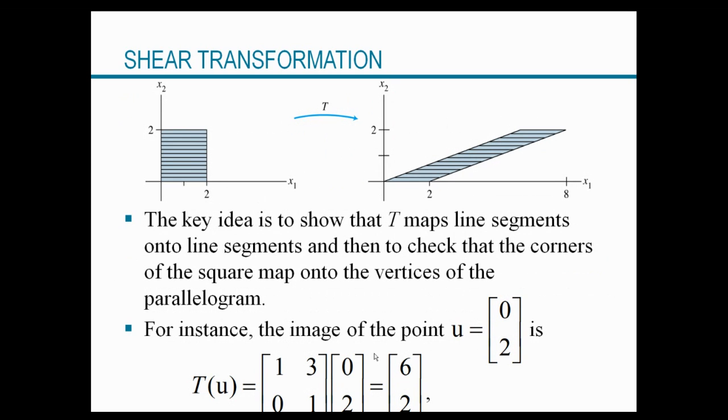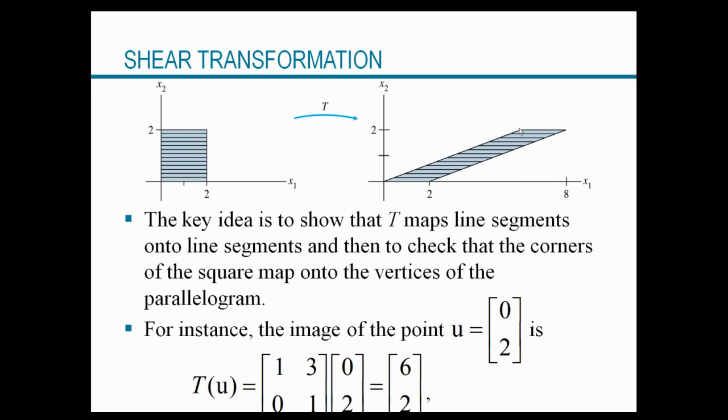And one thing they do is they say, okay, well, let's pick a point. Let's pick a point like 0, 2. Let's pick one of the corners. If we take 0, 2 and multiply it by 1, 3, 0, 1, you're going to get the coordinate 6, 2. And 6, 2 is going to be one of the corners of the parallelogram.